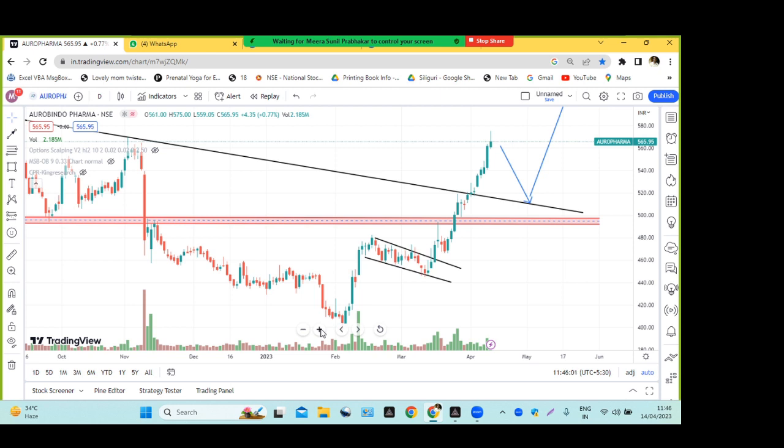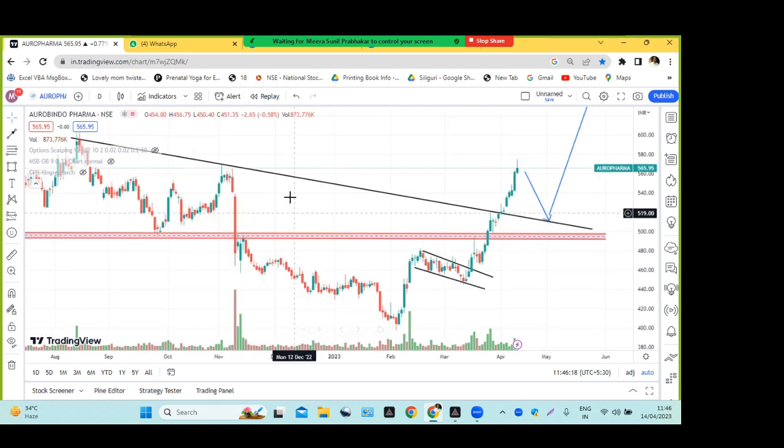This is the perfect one, but the only thing is the buyers still have more control. If you see here, it is still not red, it still doesn't have that much strength as a shooting star. Now you see this candle, this is a shooting star.